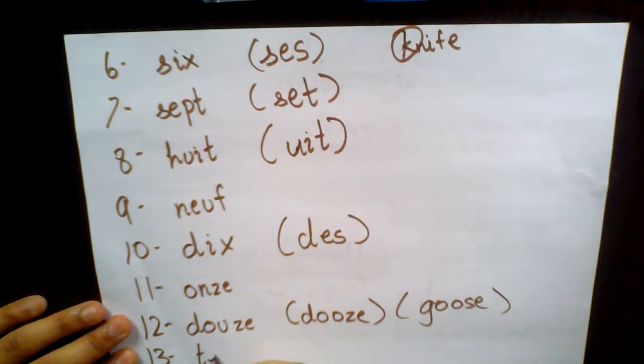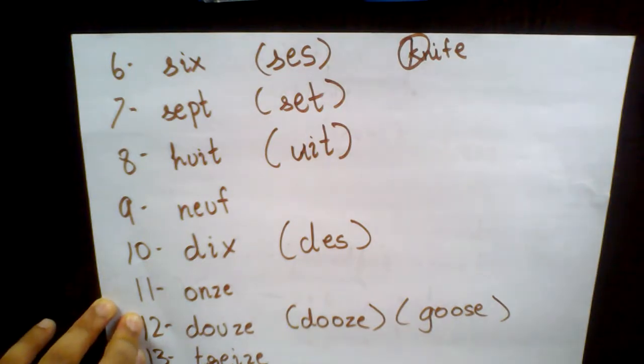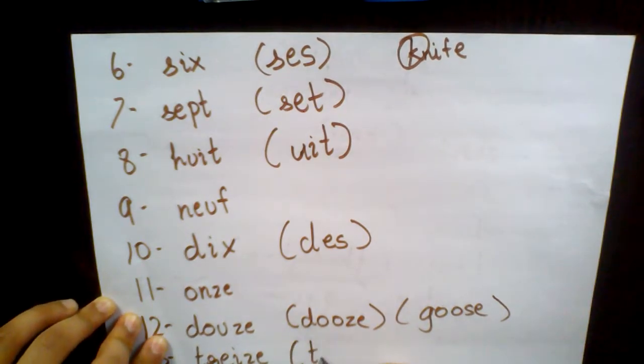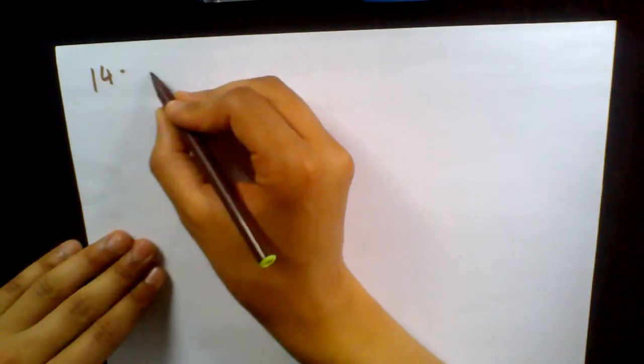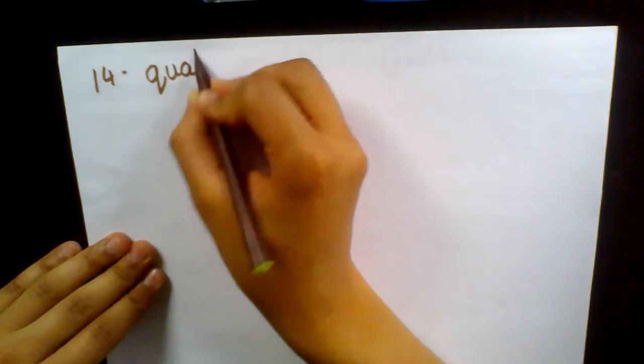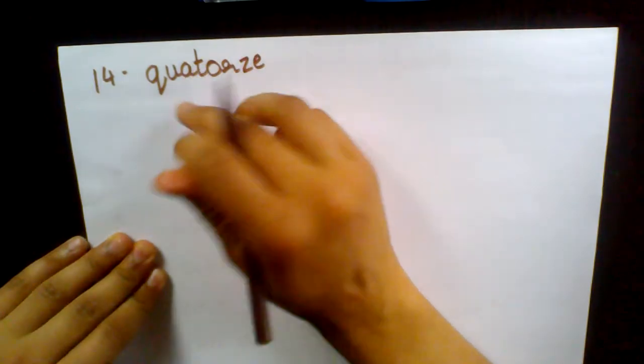Number 13, you have TREIZE, pronounced as trez. Okay, the number 13 is pronounced as trez. Now we go to number 14, which is known as katorz.